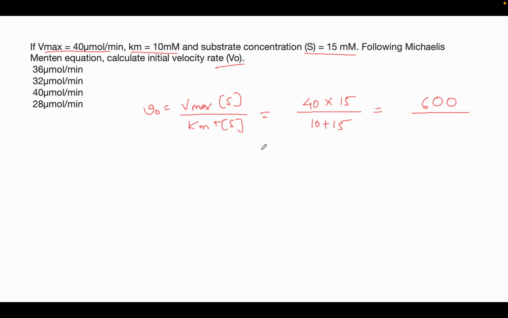600 upon 10 plus 15, which is 25, right? Calculate this.